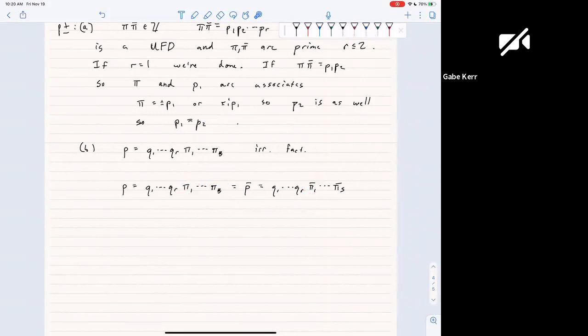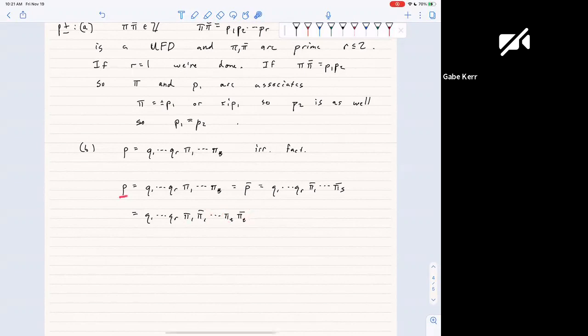So that means that these factors come in pairs, a pi and a pi bar. So this tells me that I get something like pi 1 bar, pi, call it pi t. But now each of these is an integer.